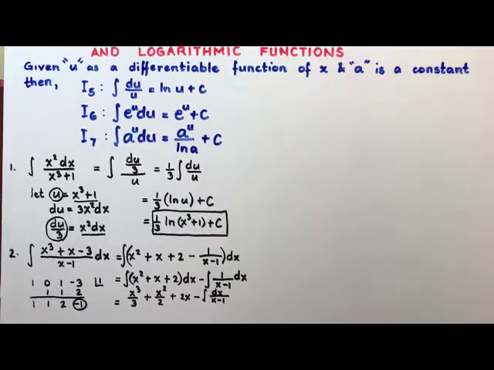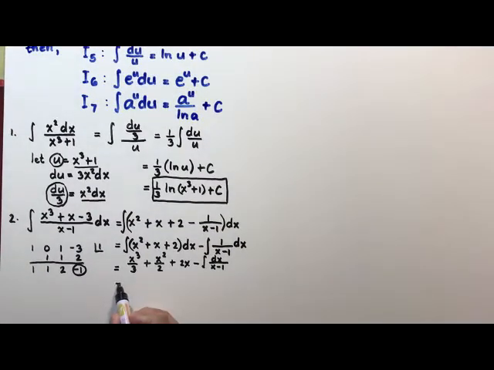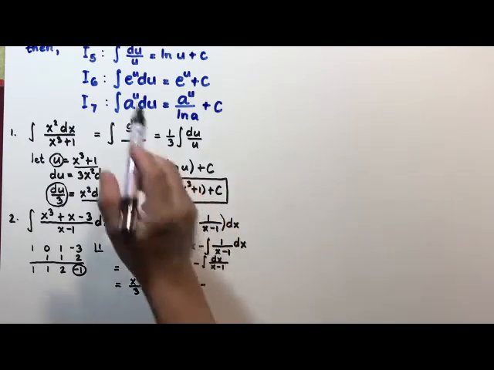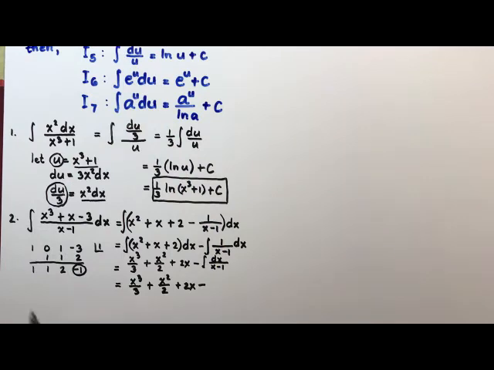So to continue, this is equal to x cubed over 3 plus x squared over 2 plus 2x, and I realize that this one can be transformed like my formula number 5, that when I let u to be the denominator x minus 1, I realize that when I get the differential of my u, this is dx, because the differential of x is dx.